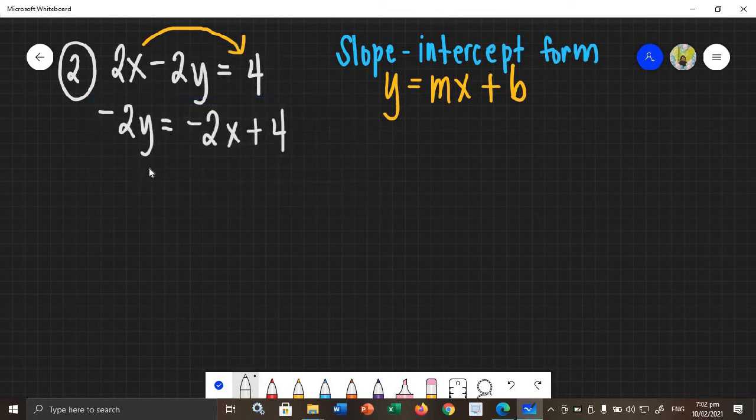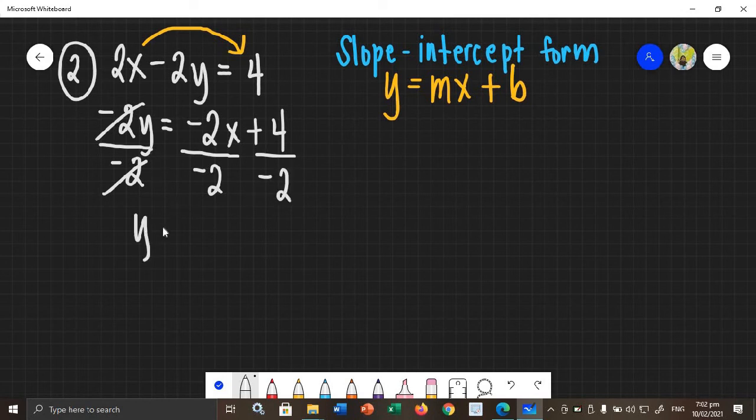So after this, we need to get rid of the coefficient of y. So kailangan natin siya i-divide sa -2 para ma-cancel. So kung nag-divide tayo ng -2 on the left side of the equation, we need to also divide -2 on the right side of the equation. So it will be y is equal to, simplify natin, -2x over -2.